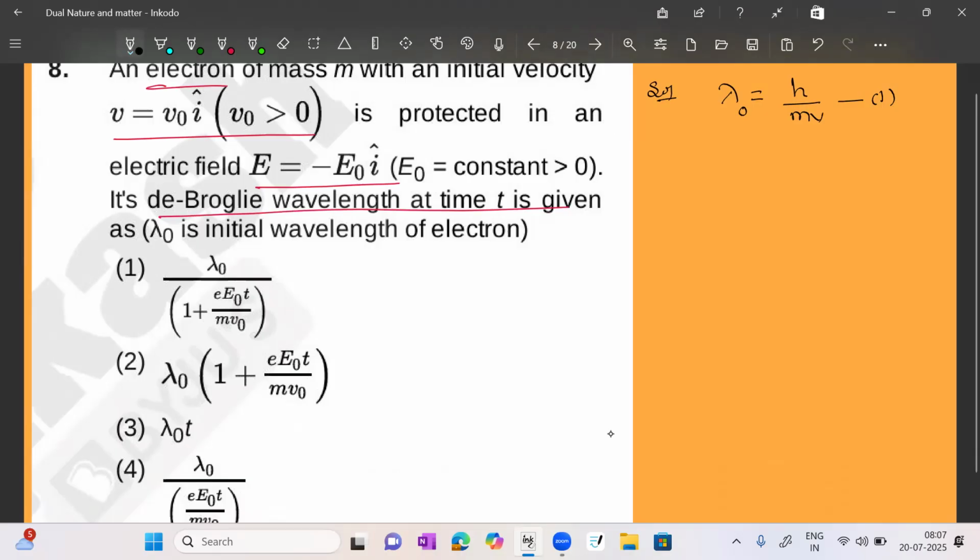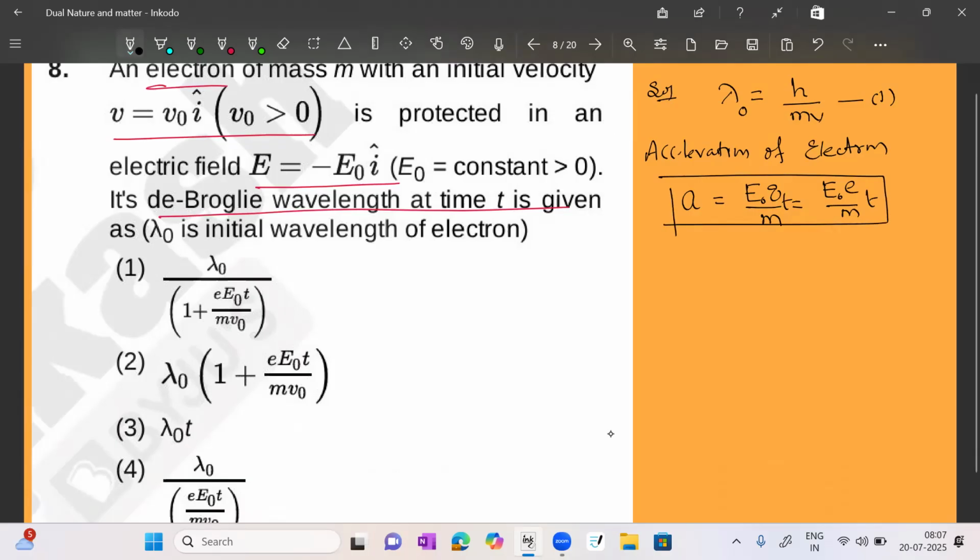Now, as we know, the acceleration of the electron is a equals eE by m. According to the problem, we can write v naught plus eE by m into time t seconds. Now the velocity after t seconds.